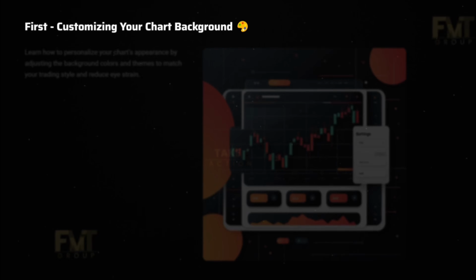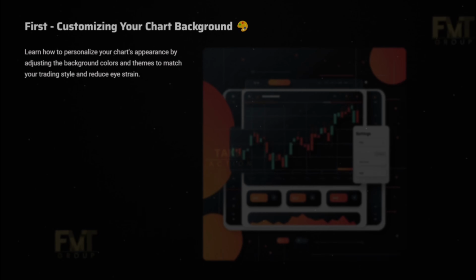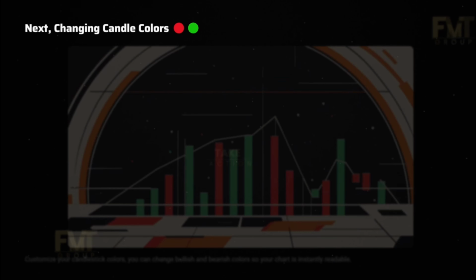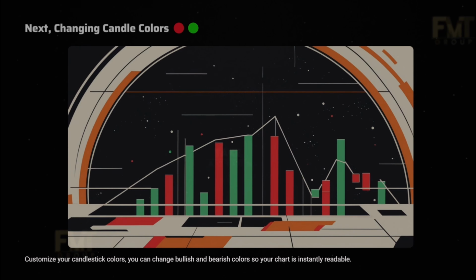The first, customizing your chart's background. Learn how to personalize your chart's appearance by adjusting the background colors and themes to match your trading style and reduce eye strain. Next, changing candle colors. Customize your candlestick colors. You can change bullish and bearish colors so your chart is instantly readable.